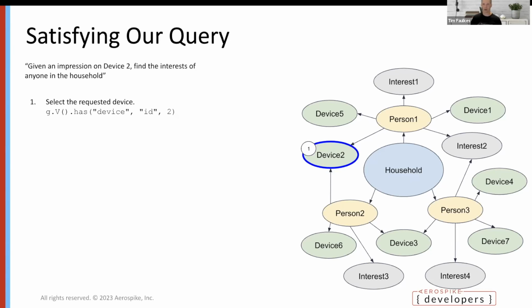The other one is OLAP, the Online Analytics Protocol, where you have large queries across massive graphs, which can take minutes, hours, days, or longer. And really what we've designed Aerospike Graph for is OLTP style queries where they're short and sweet and run very, very quickly. And they work really well.